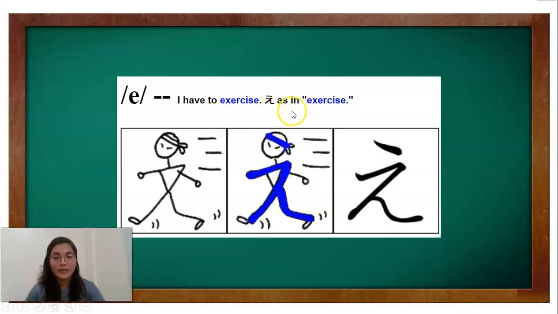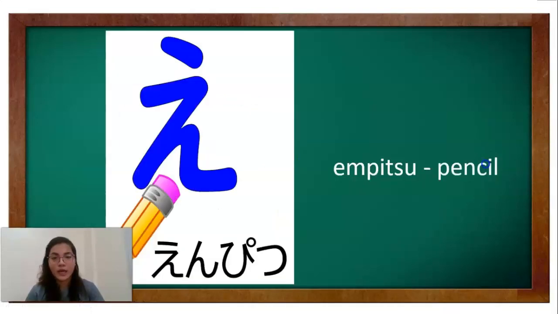So E as in exercise. Okay, here's an example word that starts with E. Empetsu. Empetsu means pencil.